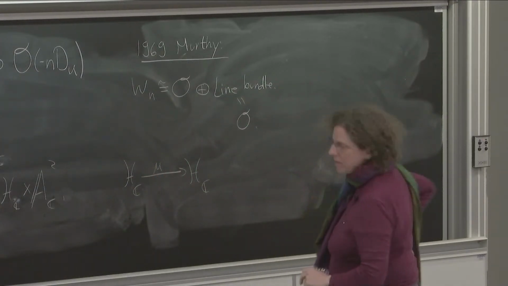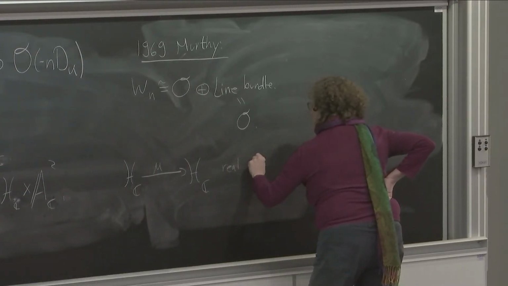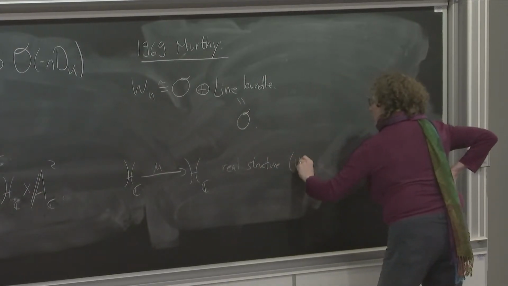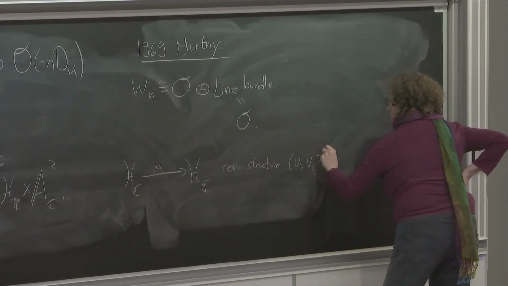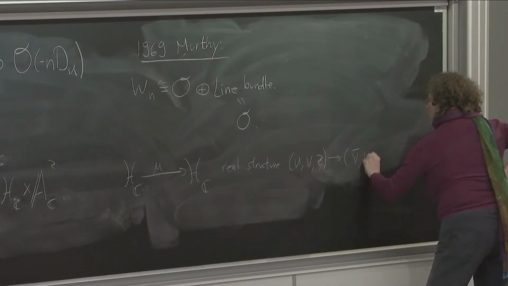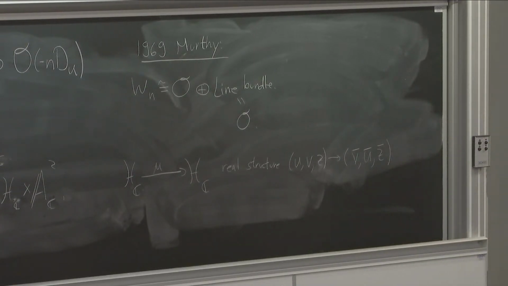That's right, mu, which will be a real structure which sends u, v, Z to V bar, U bar, Z bar, in such a way that the fixed points on the base will be the sphere, the real sphere, topological real sphere.